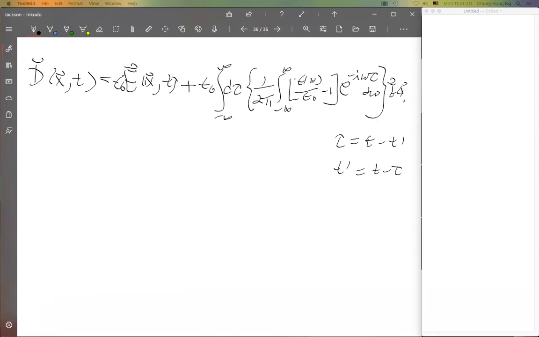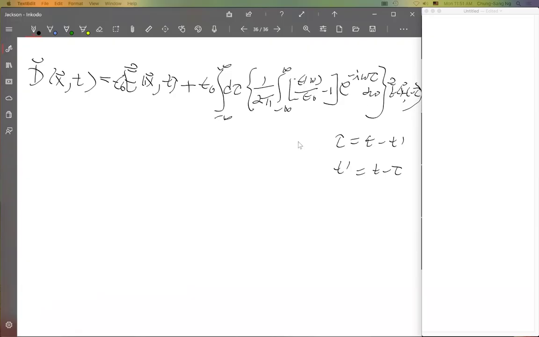So you have t minus tau here. Okay, so just change the variable, just change from integrating over t prime to tau. So it's nothing new compared with the last equation. What we did is just this one.